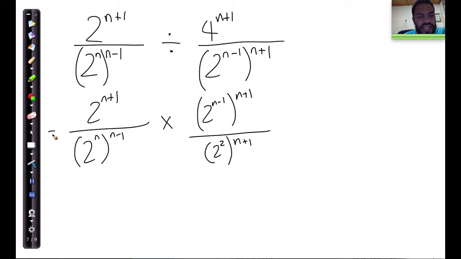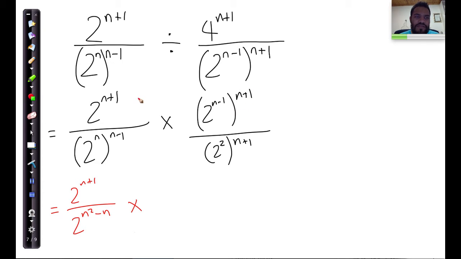Okay, so now I can go ahead and simplify this, and very easily, all I need to do is apply the exponent laws. So let us do this over here. That's going to be 2 to the n plus 1 divided by 2, multiply out these exponents, 2 to the power of n squared minus n, multiplied by this thing over here. That's going to be n minus 1 times n plus 1.